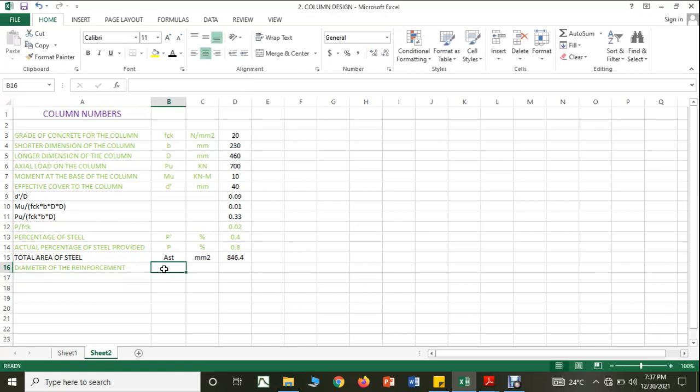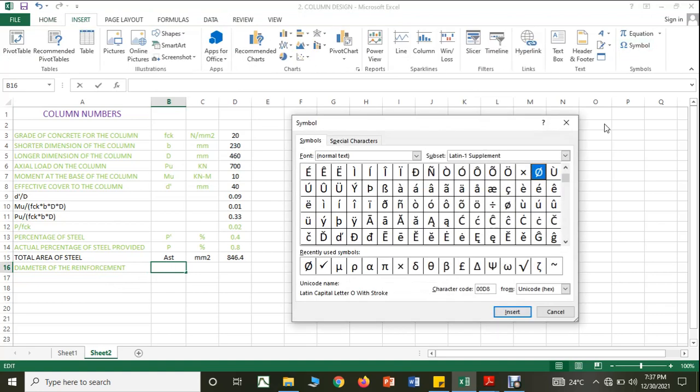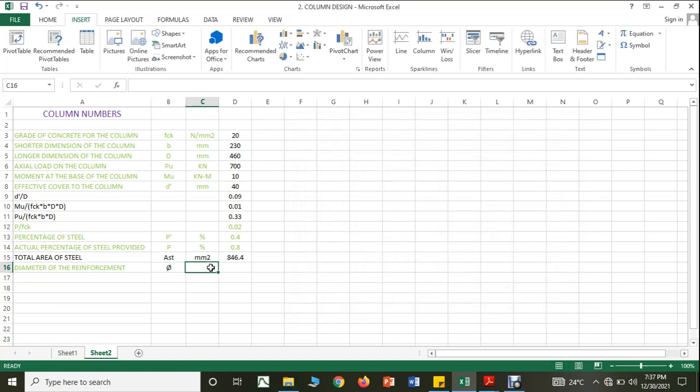Let us give it in the form of phi, using insert symbols. That will be in mm, and let us give the diameter as 16.